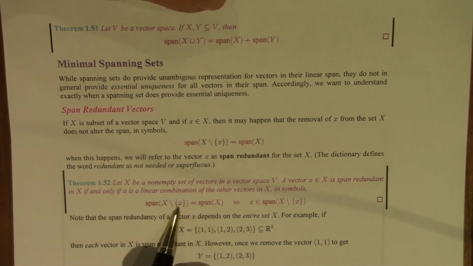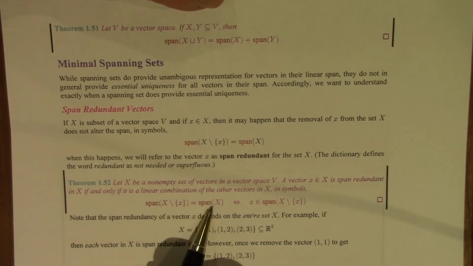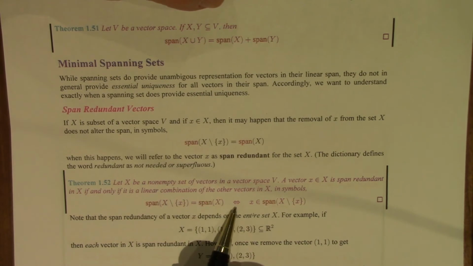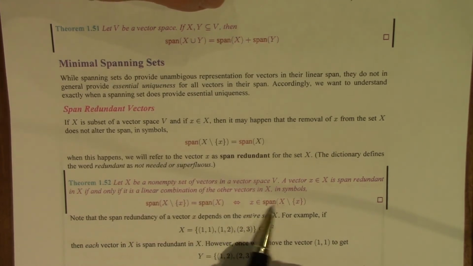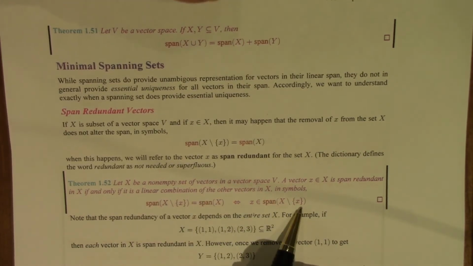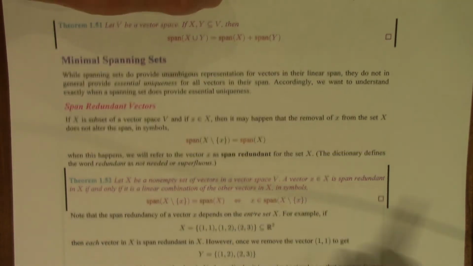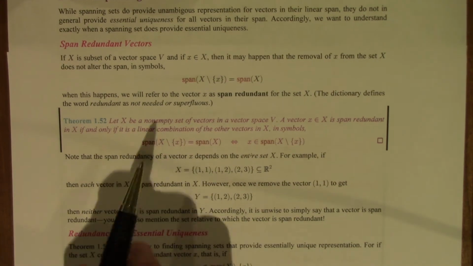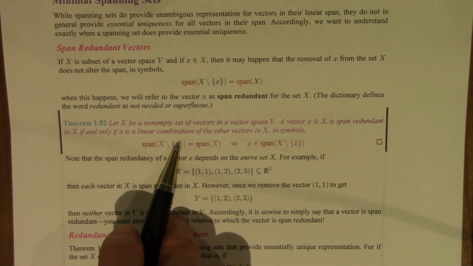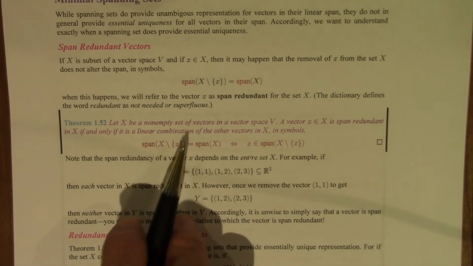Little x is span redundant, we don't need it for the span, if and only if x is a linear combination of the other vectors in capital X. And the proof of that I'm leaving for you.